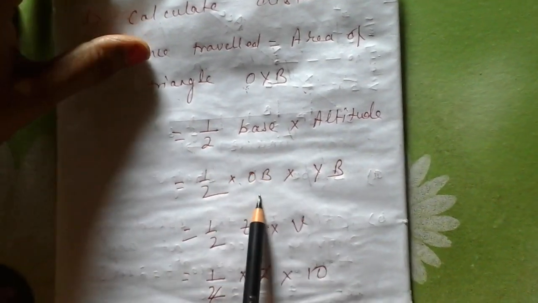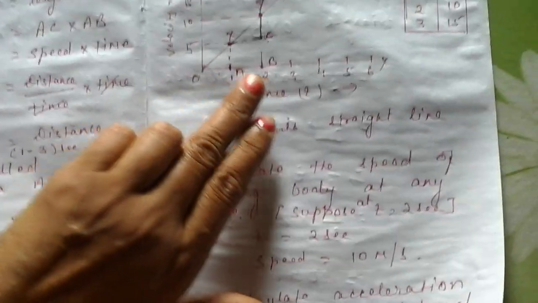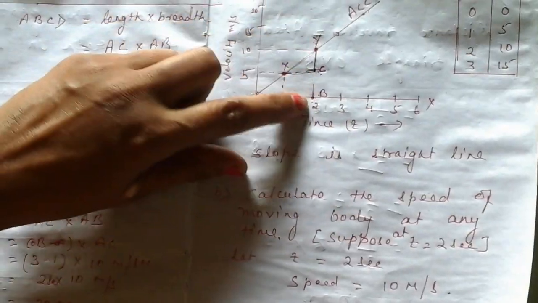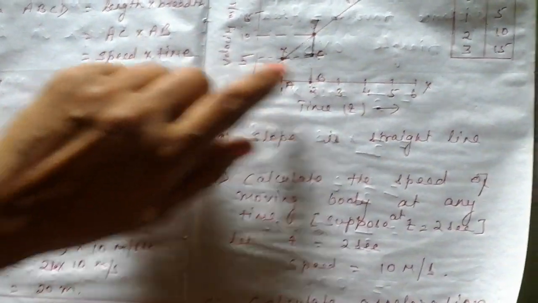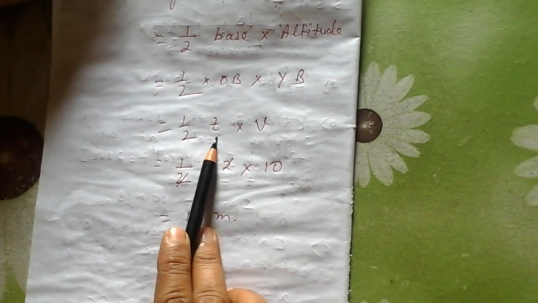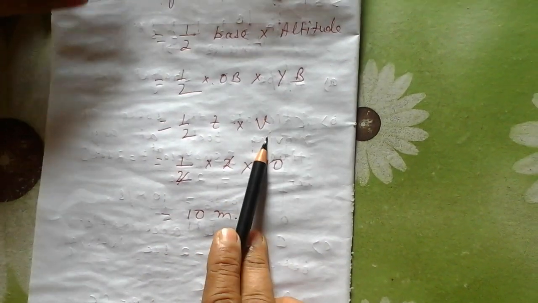You see the base is OB and the altitude is YB. OB is time, YB is velocity.